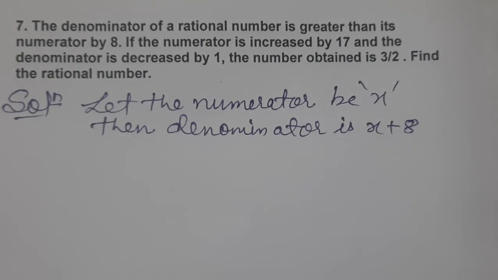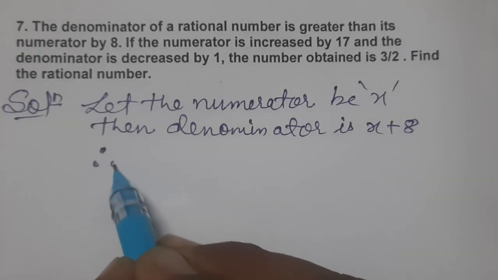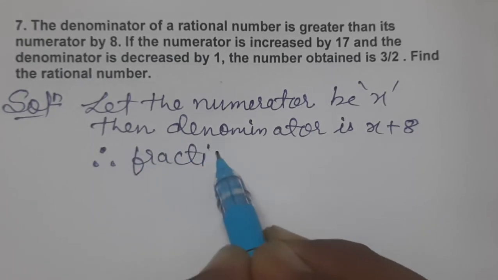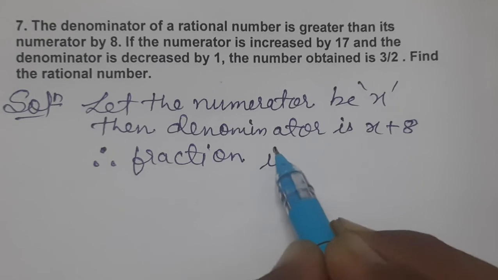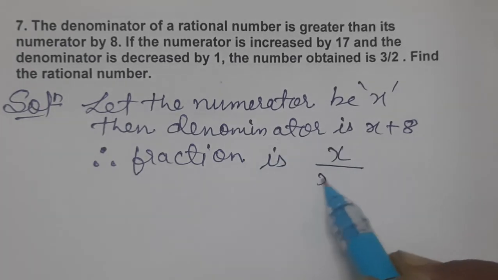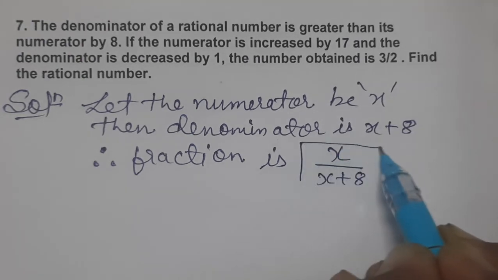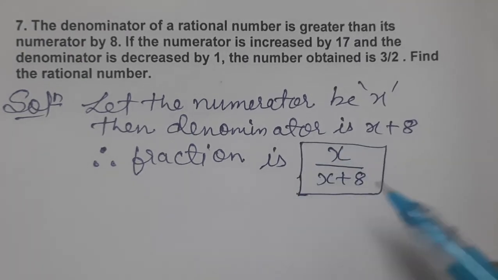Now, if denominator and numerator are there, then we will get the fraction. Therefore, fraction is numerator upon denominator. This is the fraction. Numerator upon denominator is the fraction.